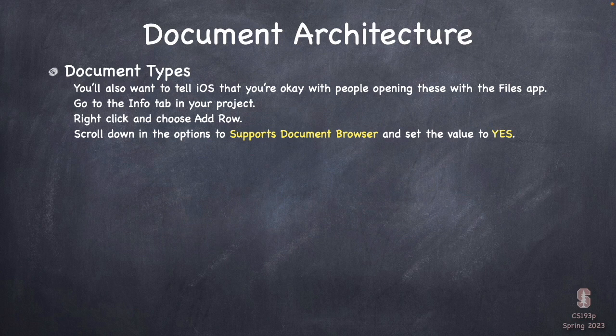I don't think we've had a chance to edit the Info.plist in this course. Of course, I know some of you are running across that in your final projects, but you'll see how it's done. It's essentially just this little dictionary of information, and we're going to add this one, supports document browser, to it and set it to yes. And that's going to make it so that the system knows that this app has a document that it can show in the Files app, for example, on iPad, or in the file system on the Mac.